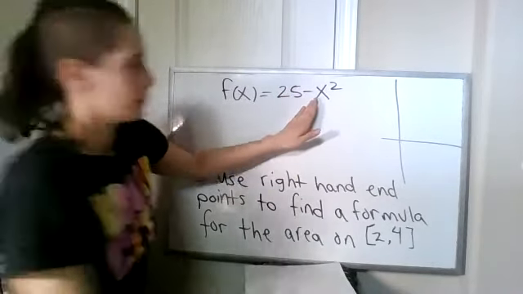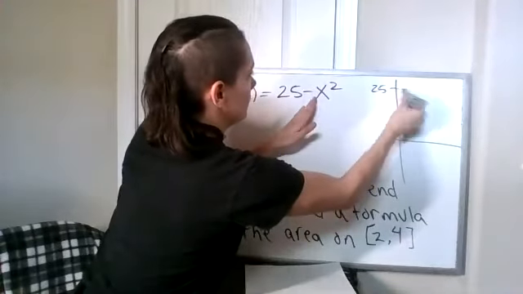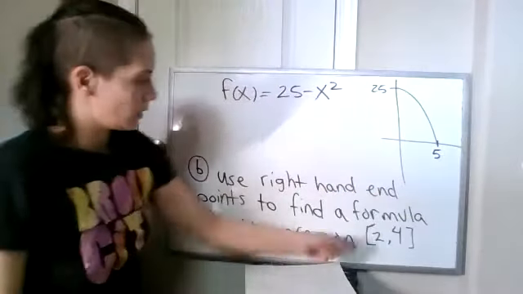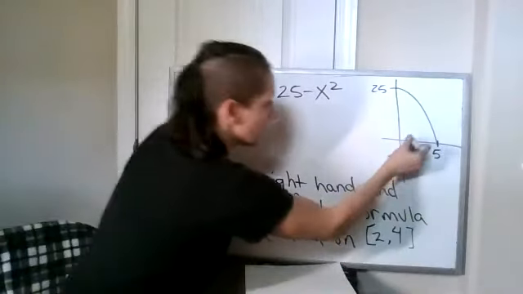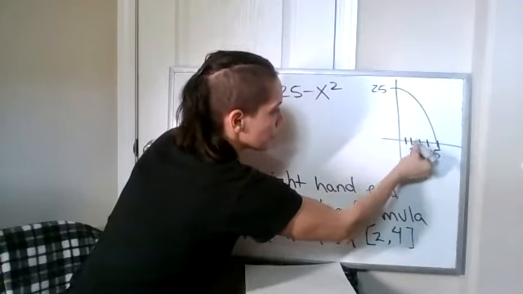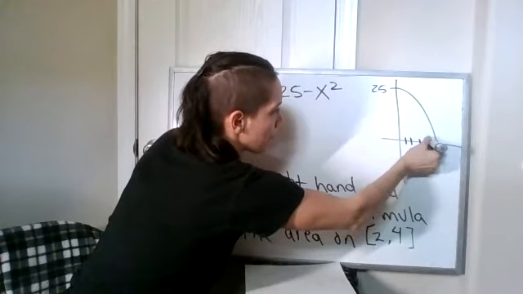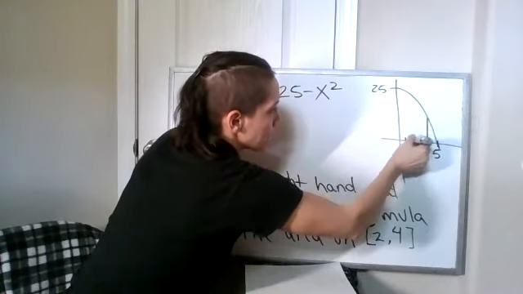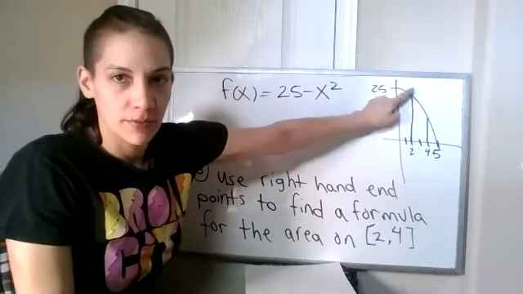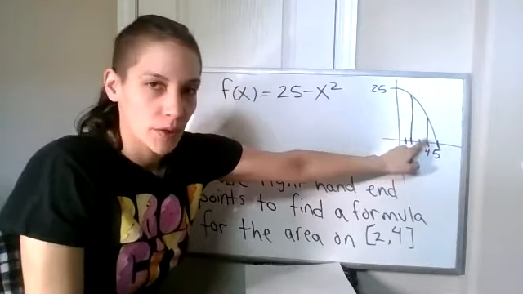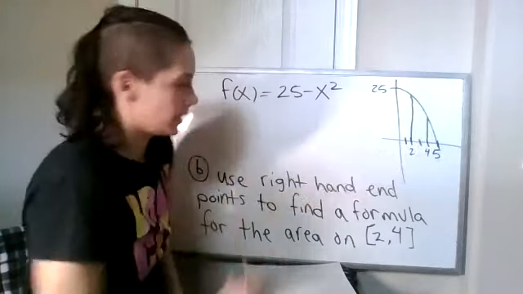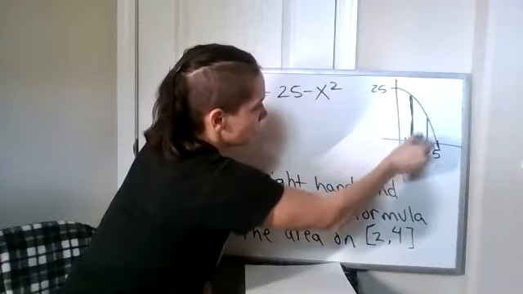Same upside down parabola. But we want 2 to 4. So at 2, find f of 2. And from 4, go up to f of 4. And we're going to find all of the area under there by filling it full of rectangles.